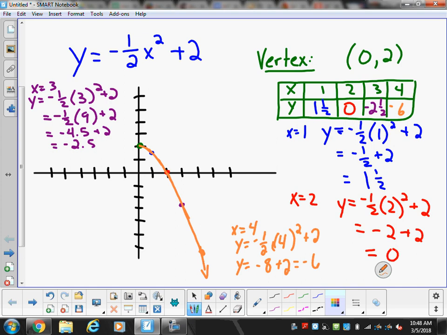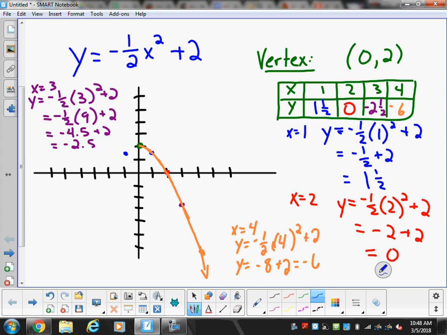It started with the letter C and ended with the phrase corresponding. Good job. There were corresponding points. And so if the point in blue was at 1, comma 1.5, then to get to the other side, it's going to be at negative 1, comma 1.5.